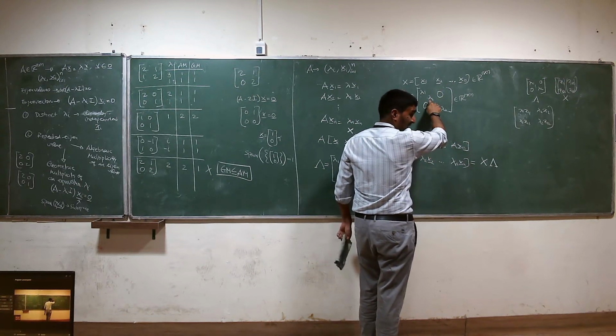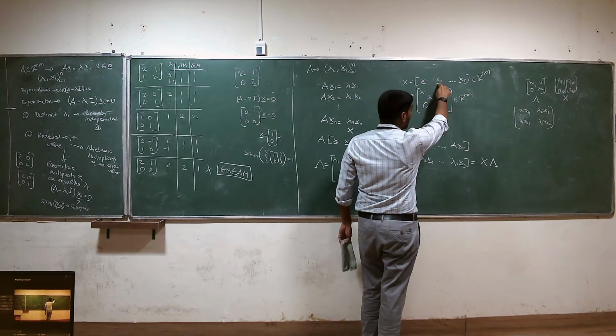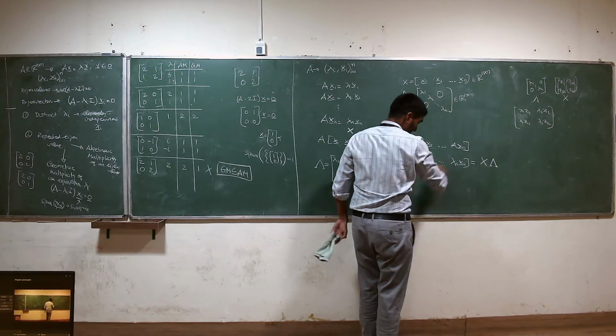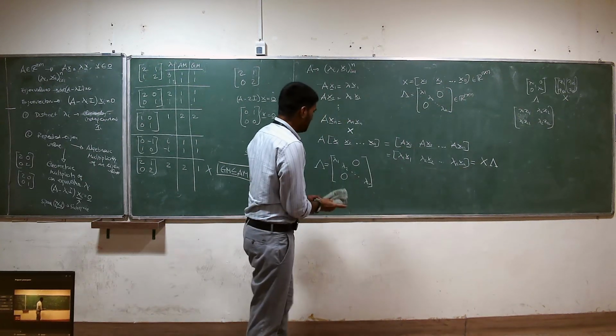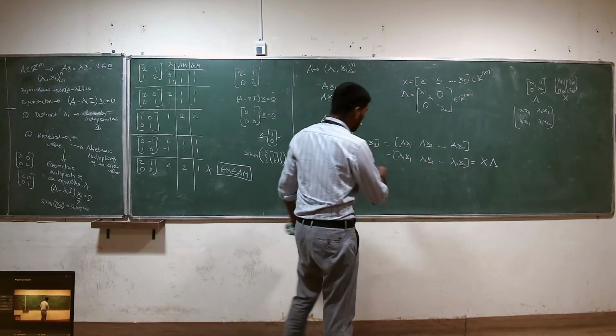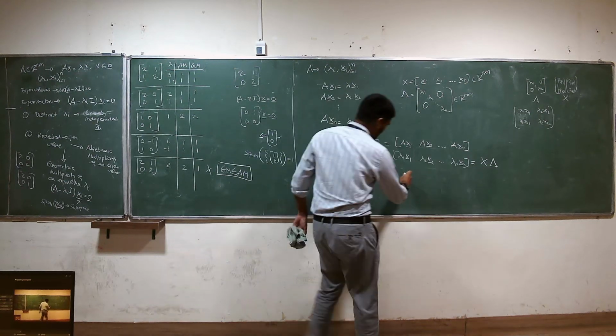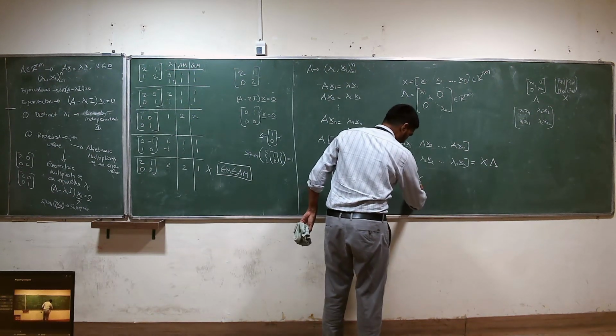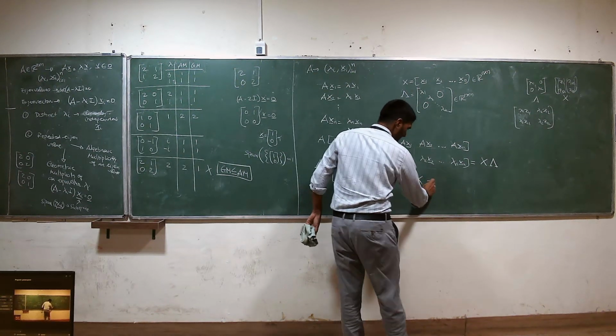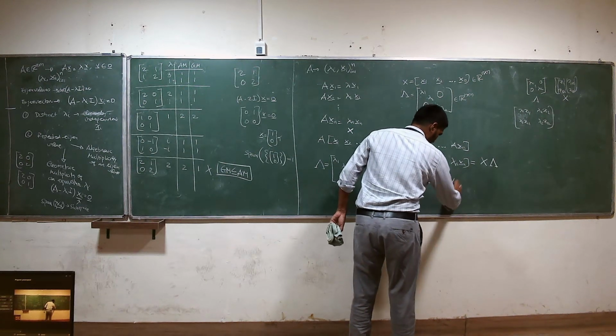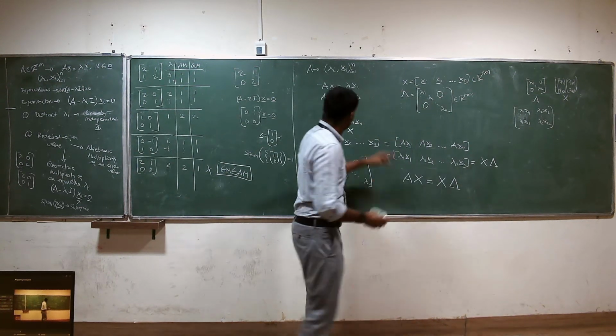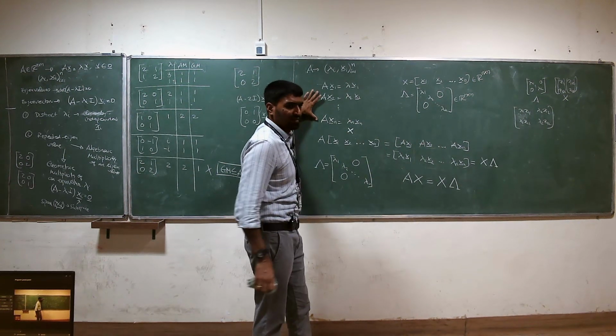Everything is 0 except for the second element. That means the only thing that remains is your second column of x, and that's why you get this. Okay? Correct. So what you end up having is A times this matrix x is in fact equal to x times lambda, and this is simply a restatement of this.